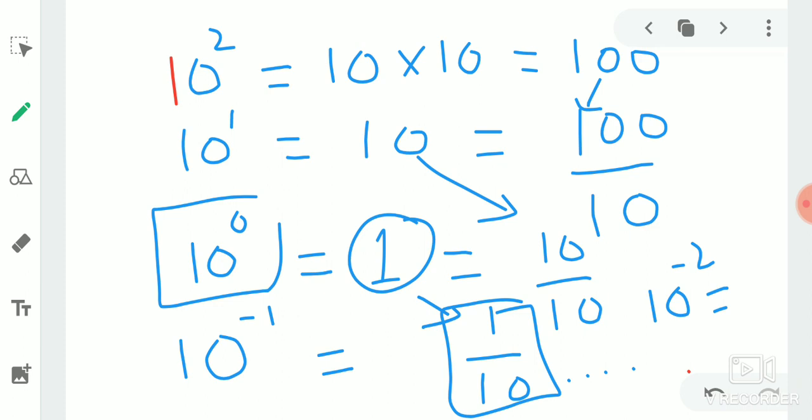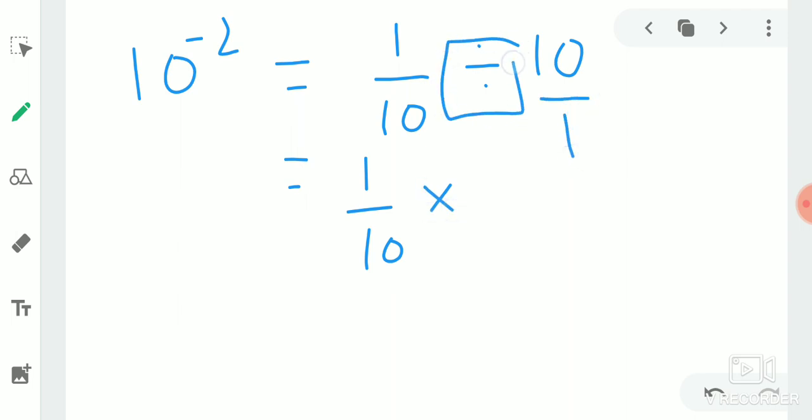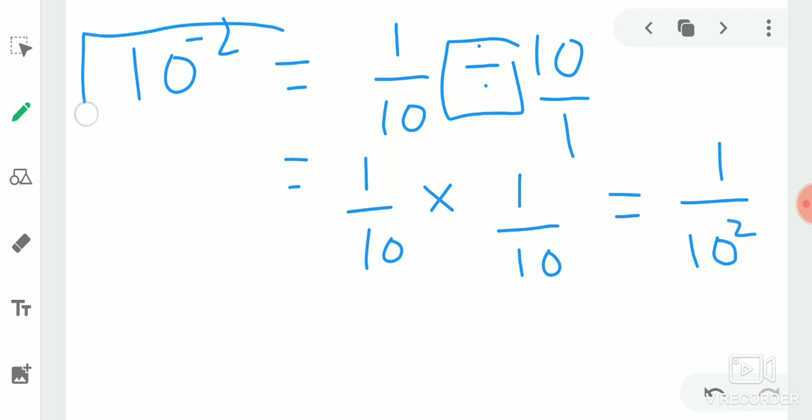We are following the same pattern: 100 divided by 10, 10 divided by 10, 1 divided by 10. Here we have 1 divided by 10 divided by 10, or I can write it as 1 by 10 multiplied by the reciprocal of this. If I change the divide sign into multiplication, we have to take the reciprocal of the rest, meaning 1 by 10, or I can write it as 1 divided by 10 raised to power 2. That is what I was saying.